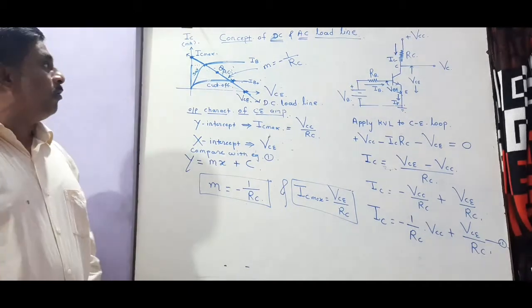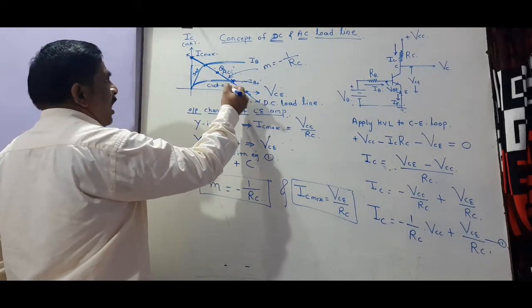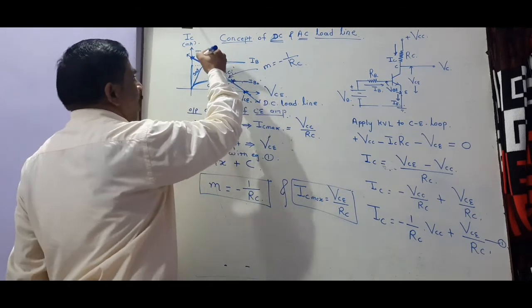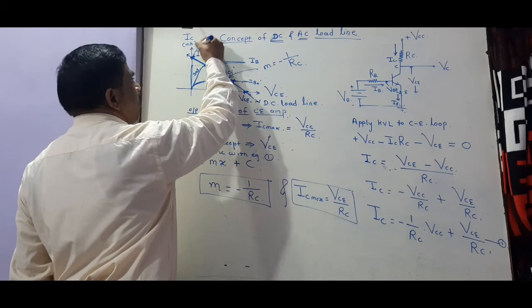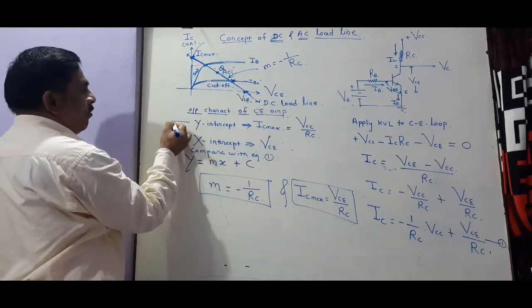Now the point where the DC load line intercepts the y-axis is called the upper end of the DC load line.